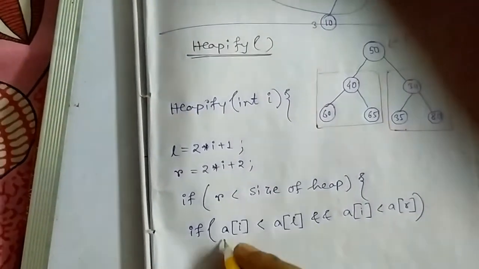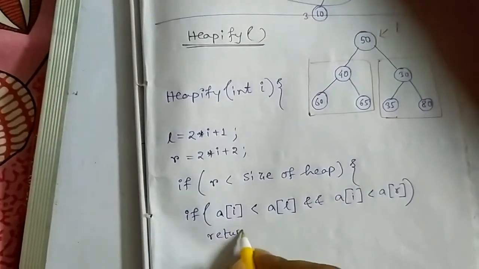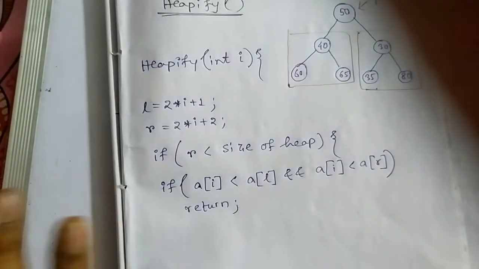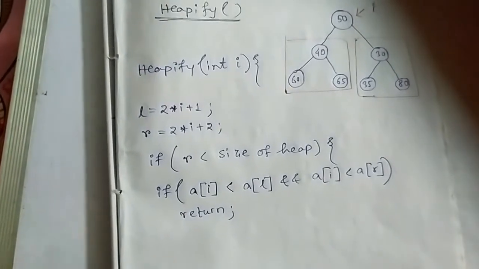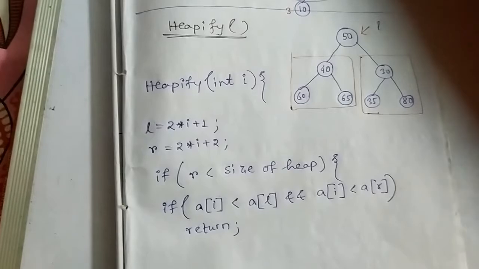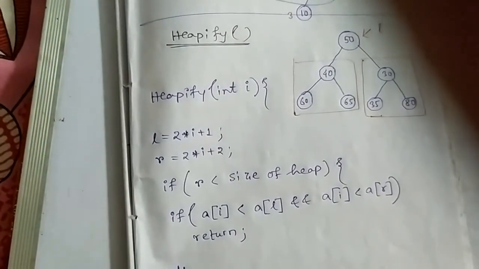So if this condition is true, I am simply returning, telling that my heap is already a min heap. I don't need any modification. And if this is not, then I have to write an else condition.